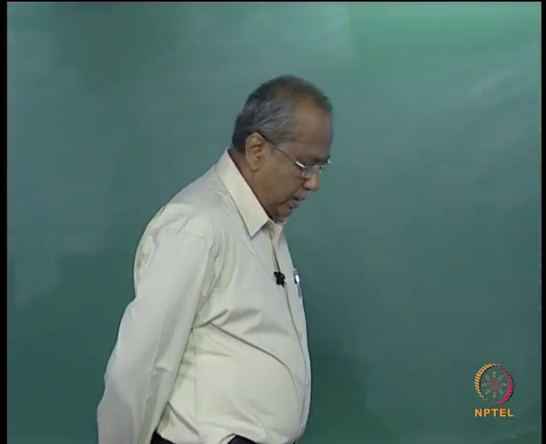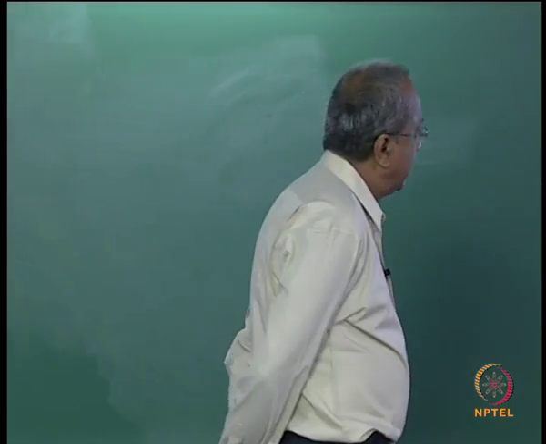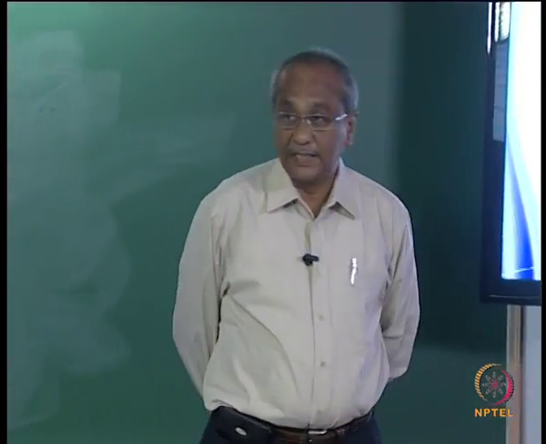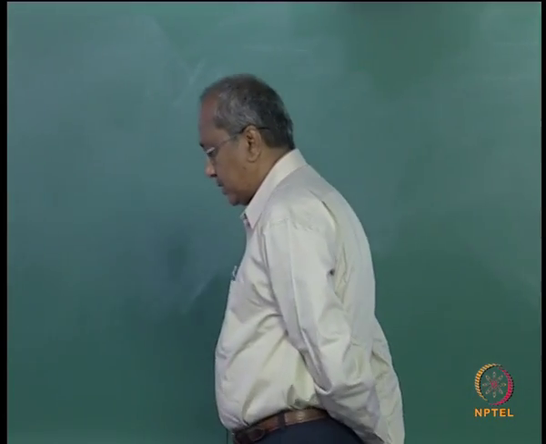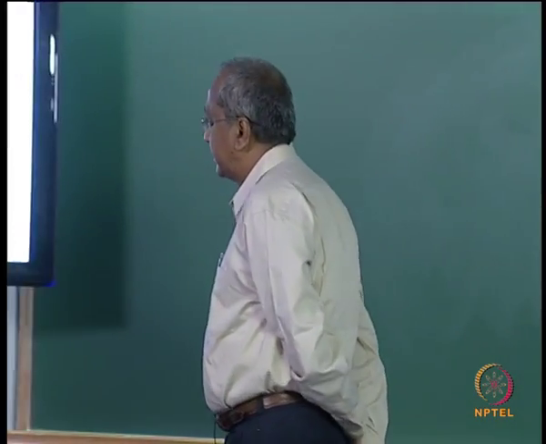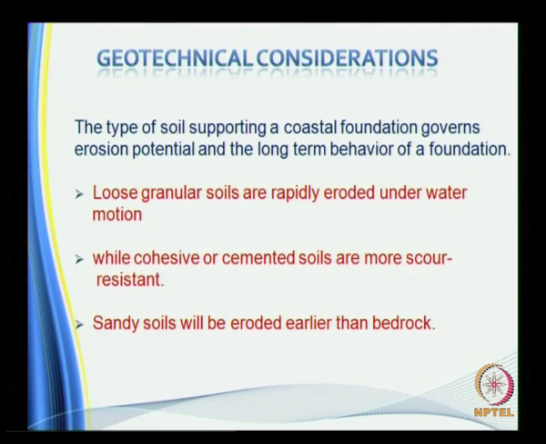So now we move on to the geotechnical considerations when we are addressing the problem related to scour under marine structures. The type of soil supporting a coastal foundation governs the scour protection, the scour or erosion potential, and the long term behavior of the foundation of that particular structure.